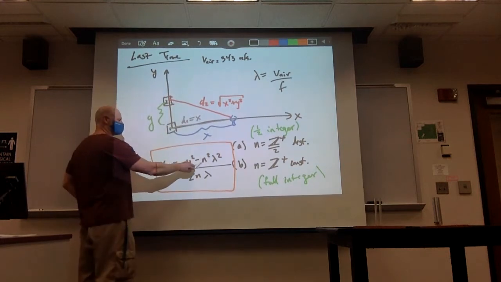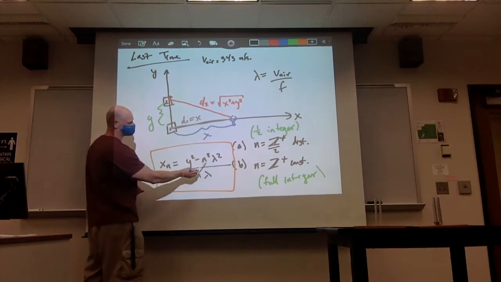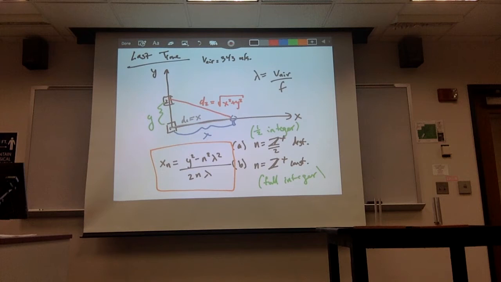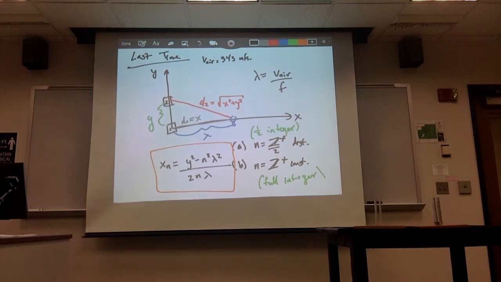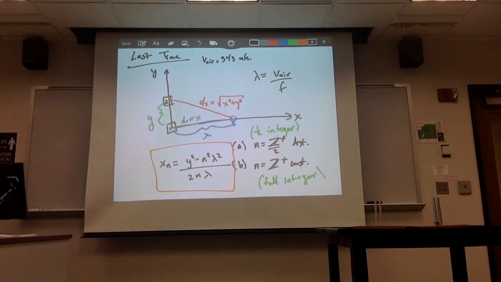Since I have a negative sign here, as n gets bigger, eventually this thing is going to become negative because this term will be dominant over this term, which is simply a constant. When that happens, we're going to cease and desist calculating because we only care about the positive x direction, not the negative x direction.